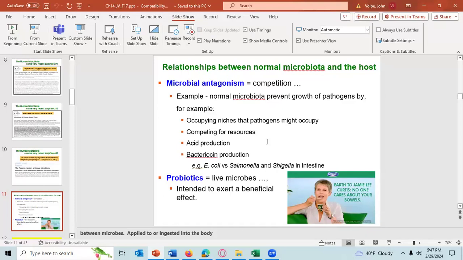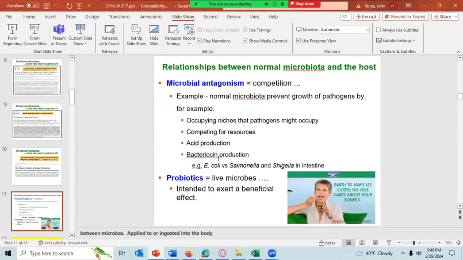And that can make the environment too acidic for a pathogen. Another case would be the normal microbiota makes your skin more acidic. Sebum is slightly acidic. I don't remember what the pH is, but the normal microbiota metabolizes the sebum and makes it a little more acidic. So the skin too is an acid.